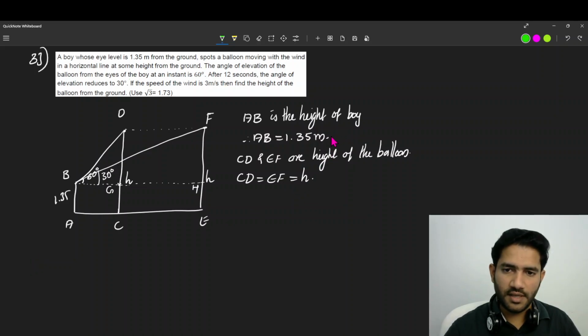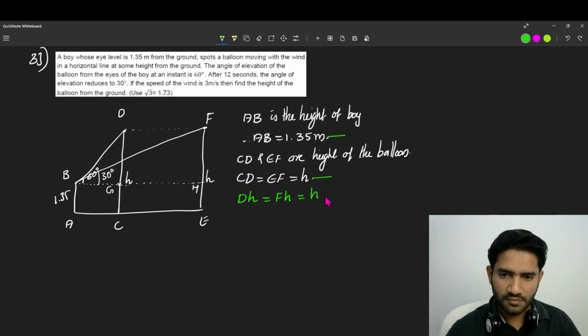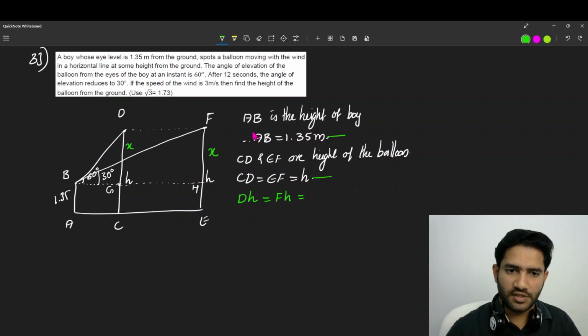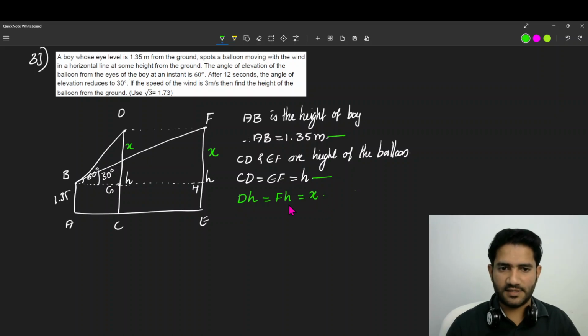AB is 1.35 and CD, EF is equal to H, so DG equals FH equals H minus 1.35. Better to consider this height as X, and this one is also X, so we can avoid the confusion of subtraction.